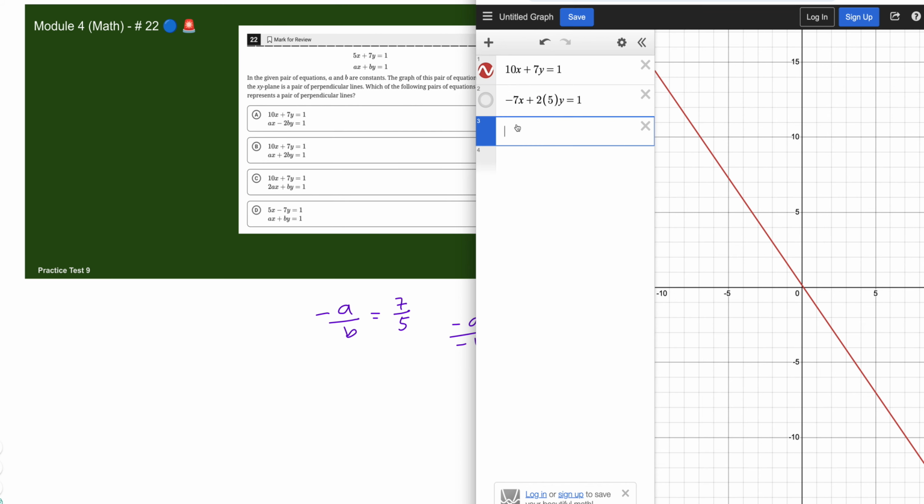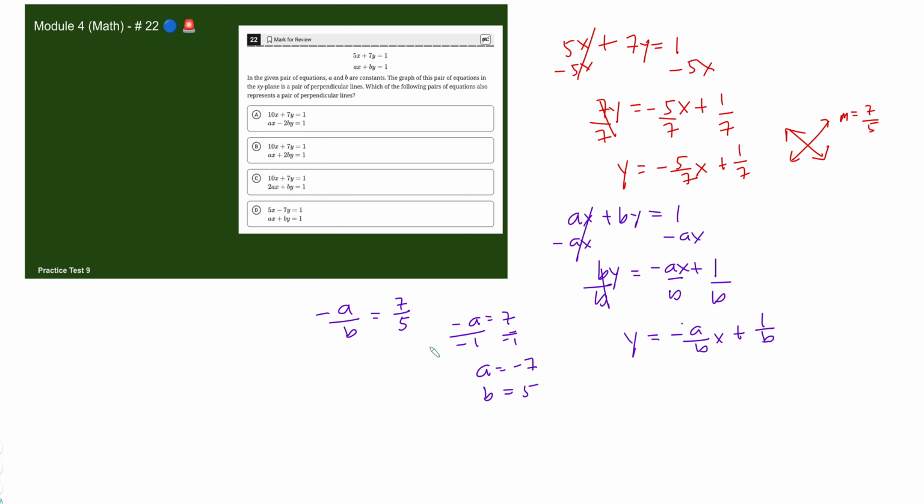But let's go ahead and put option C in here for a second. Option C, we have 2ax. If A is -7, then 2a would be -14. B was 5.